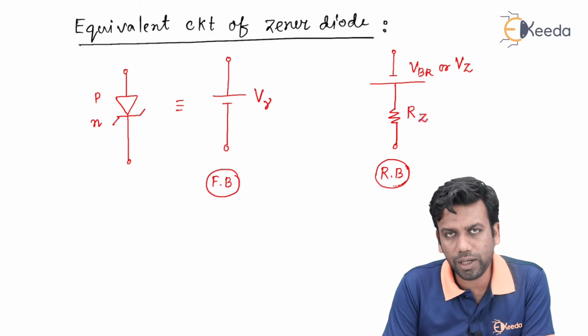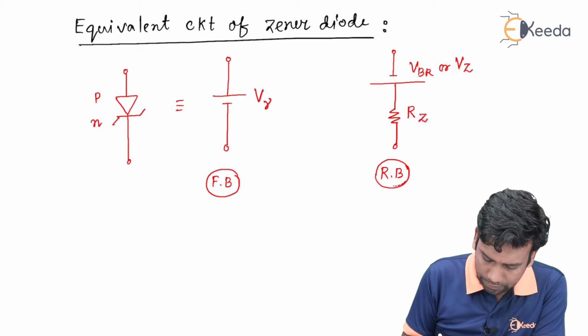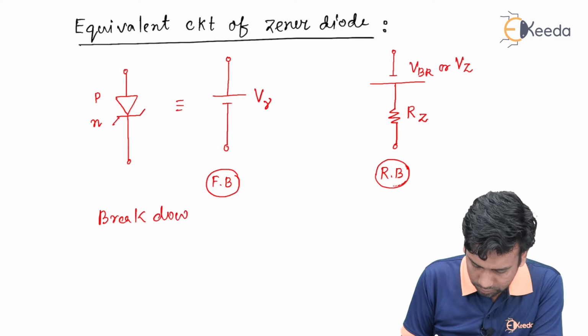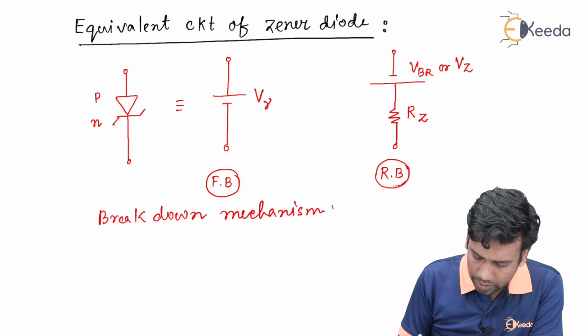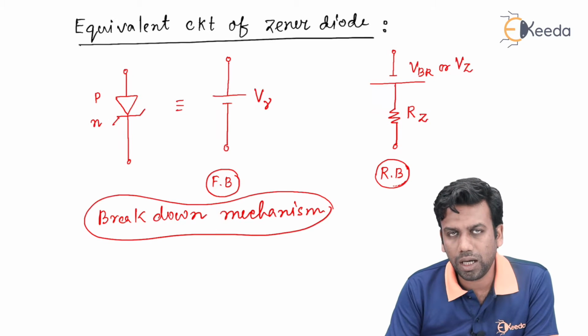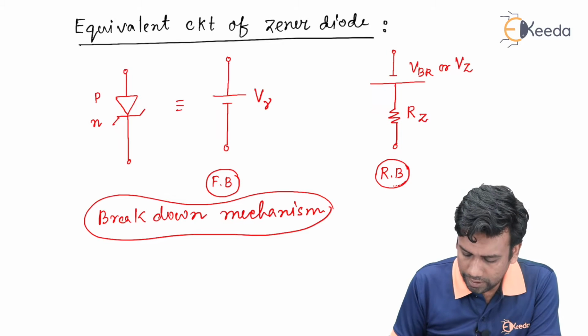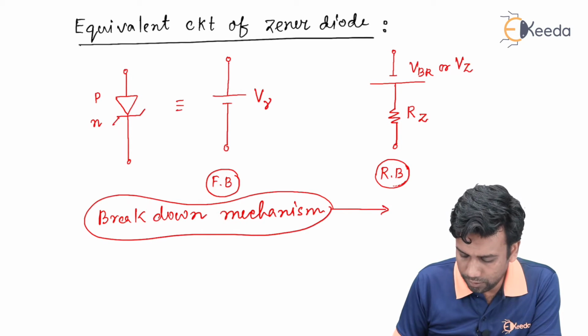The main phenomenon behind this rapid increase of current is the breakdown mechanism. Due to this breakdown mechanism, we have a rapid increase in the current, and generally there are two types of breakdown that occur in the Zener diode.